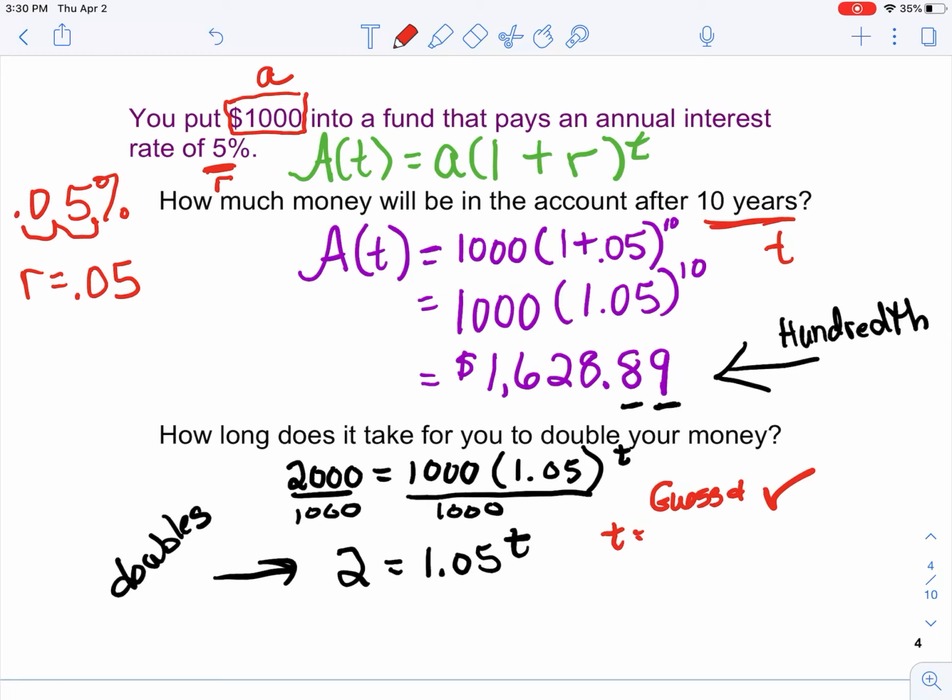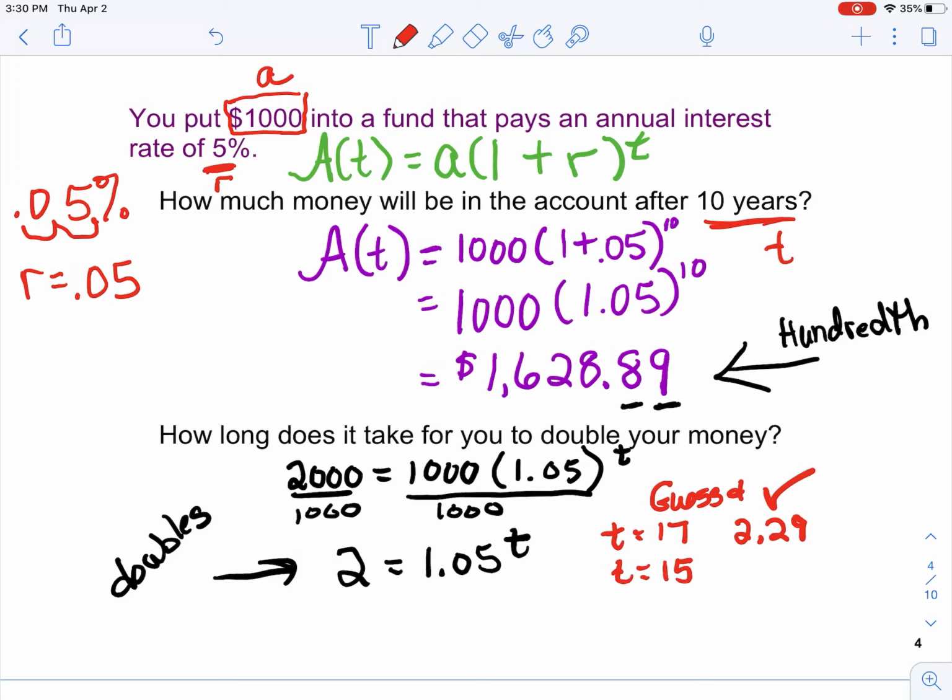So maybe I would put in 17. Well, if I put in 17, I get 1.05 to the 17. That gives us 2.29, which is too much. So let's try 15.